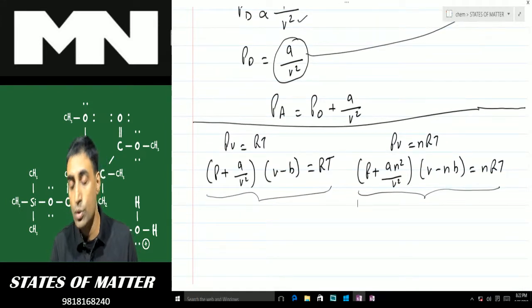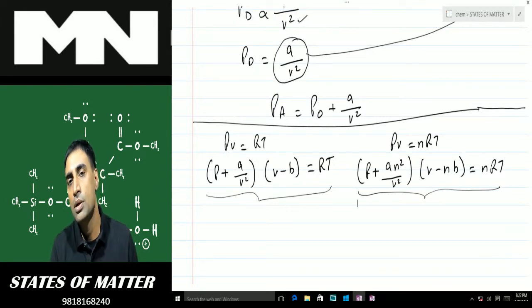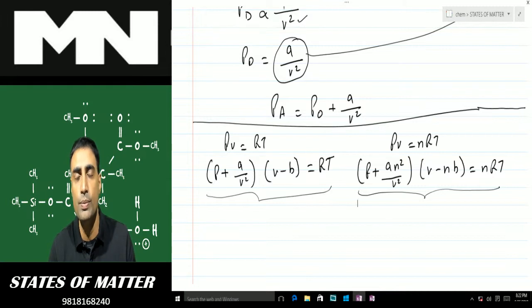Next we'll move on to the liquefaction of a gas. In your textbook, this is the last topic which is given. So I'll wind up the gaseous state with this, but later on I'm definitely going to add one video on Maxwell distribution of velocities, which is not given over here, but it is quite an important topic. In that we are going to study root mean square velocity, average velocity and most probable velocity.